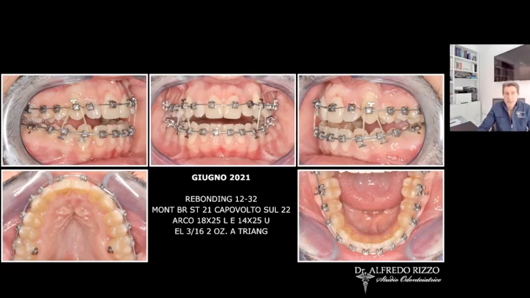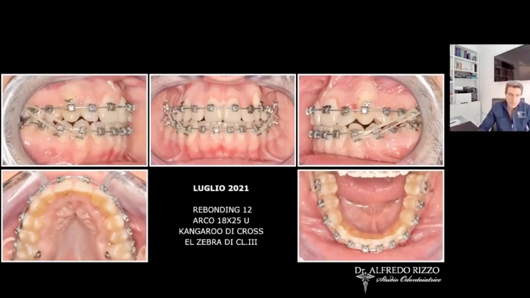Because here I see the facial inclination in the incisal group, and this is why I lower the force of the elastics, because I just need to keep them open while the arch wire works on inclining and aligning the teeth. 14 over 25 arch wires continues to torque the teeth for several months.